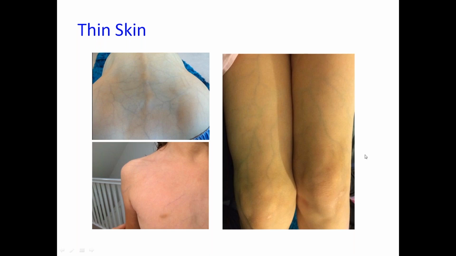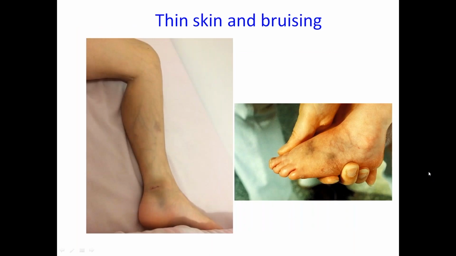This is someone's knees, and this is the right chest of a girl with vascular EDS. And in addition to the thin skin, you can see bruising, because there's real vascular fragility in this condition.